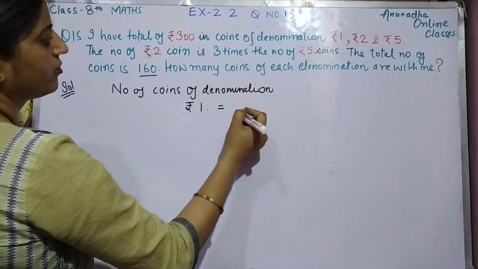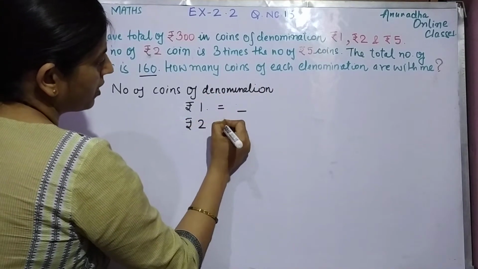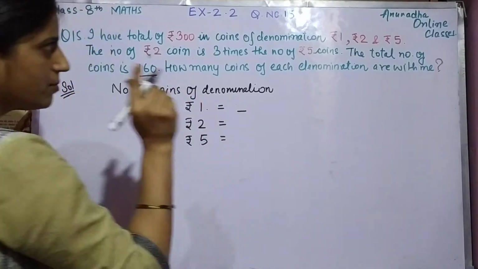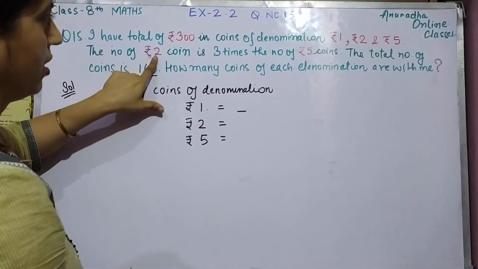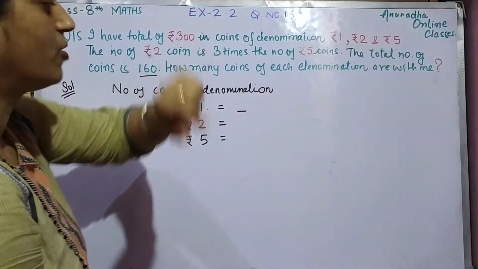Ratio they have not given, so we don't know the 1 rupee coins. For the 2 rupee coin and ₹5, they have given some clue to us. The number of 2 rupee coins is 3 times the number of 5 rupee coins.